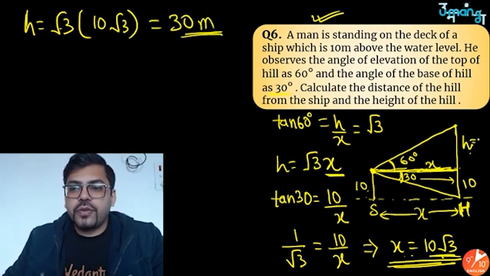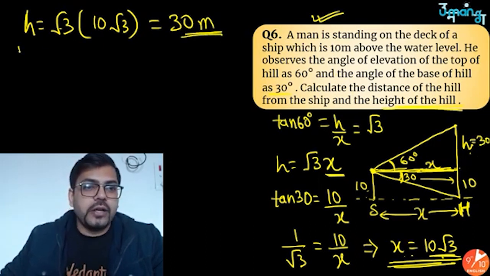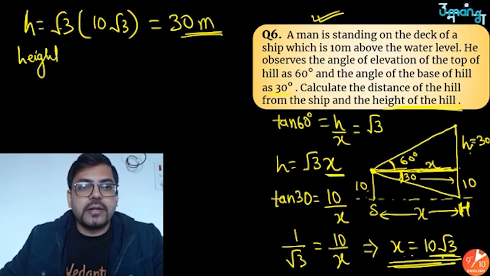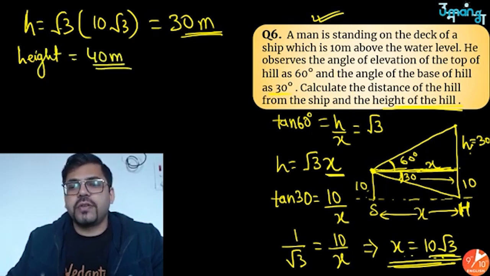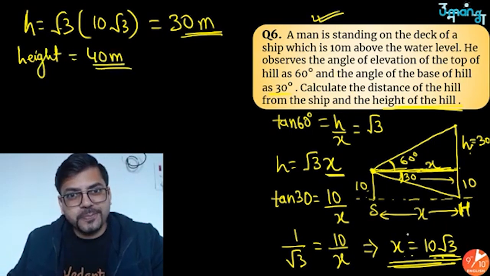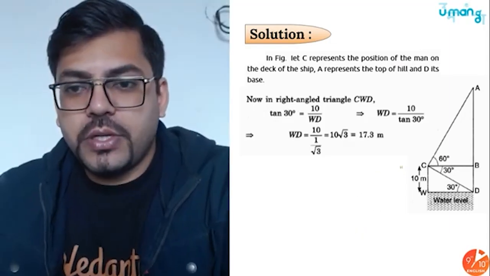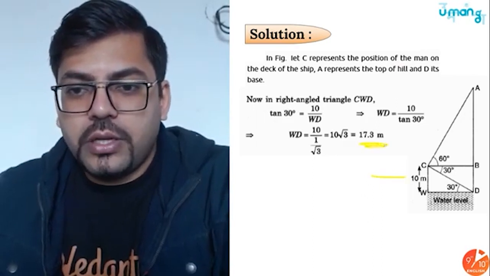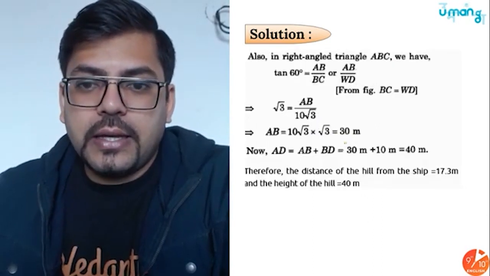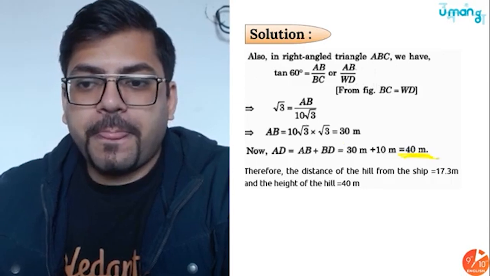So height of this much portion is 30. So height of the entire hill is nothing but 30 plus 10, that is 40 meters. And the distance between them is 10 root 3, which is 17.32 meters. That's it. Okay, let me show you. This is the complete solution. 17.3 is the distance and the height of the hill is 40 meters.